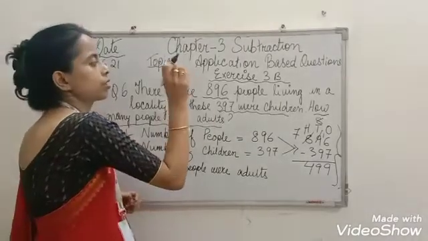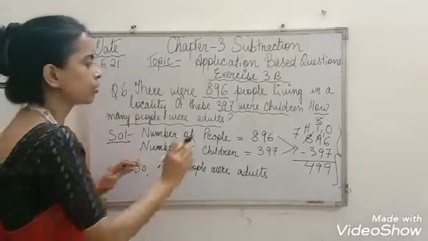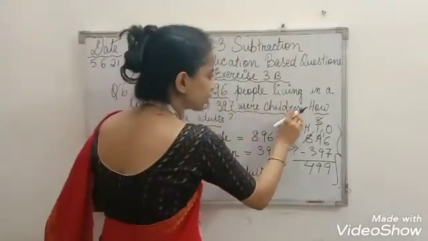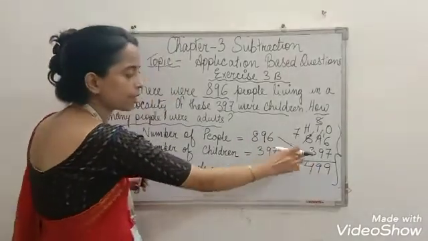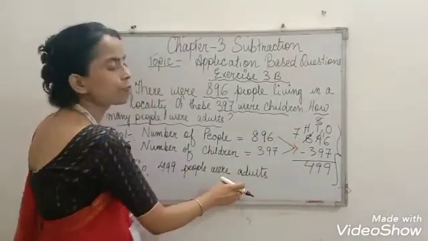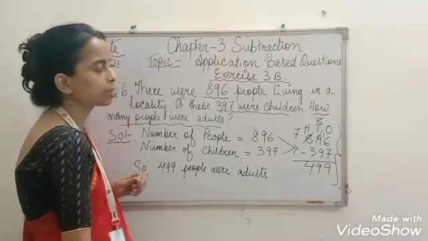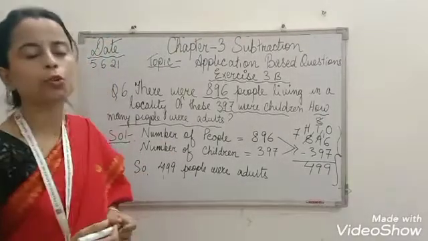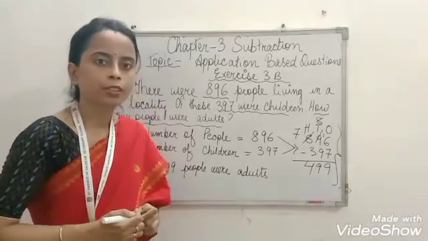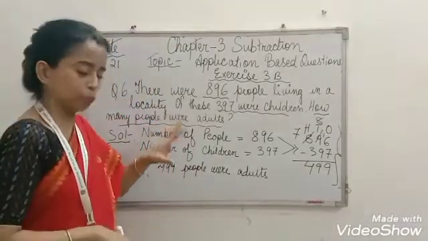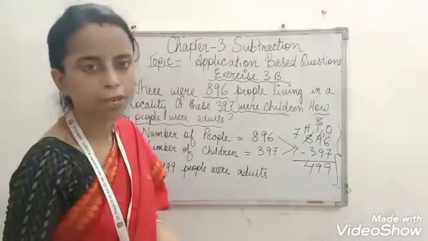So, out of 896 people in a locality, 397 were children and 499 people were adults. Yes? So, this is how you have to find it out. Clear, children? Yes? So, next question number 7.